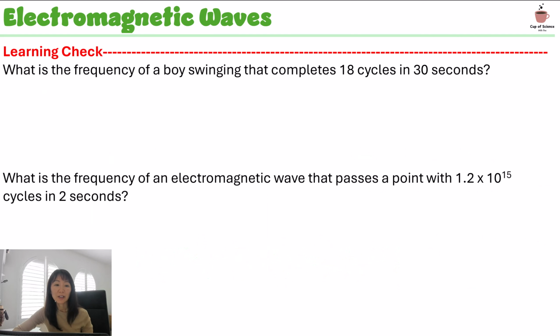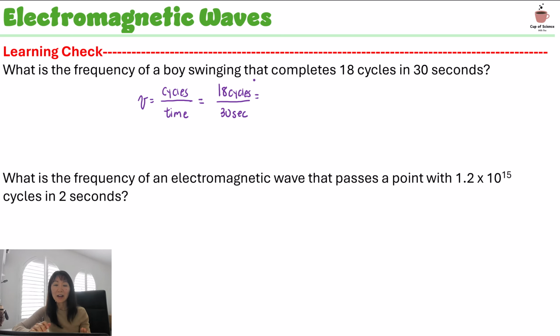Now let's do a learning check. What is the frequency of a boy swinging that completes 18 cycles in 30 seconds? We know that the frequency needs to have seconds on the bottom and the cycles on top. So frequency, or ν, is equal to cycles over time, which is 18 cycles per 30 seconds.